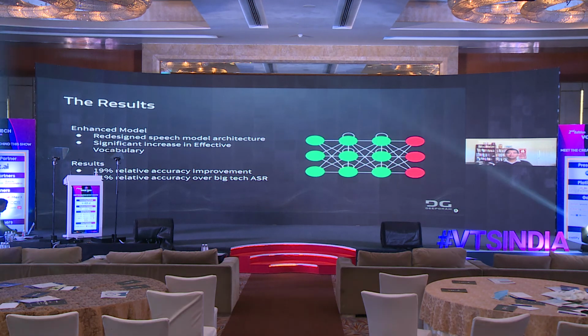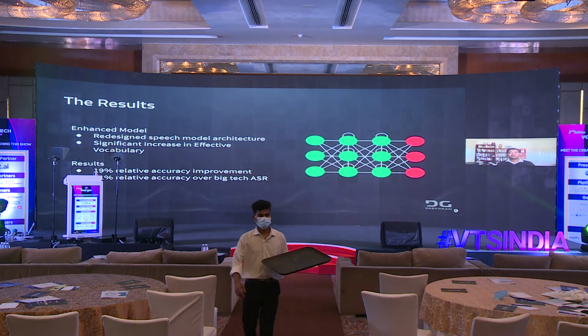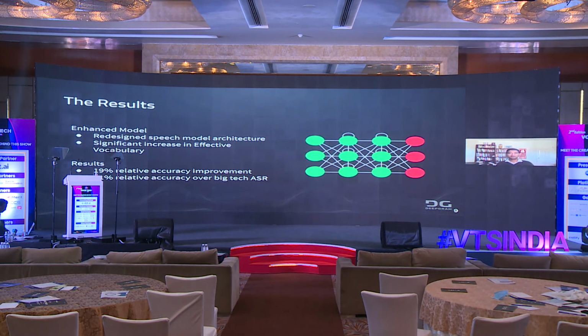Next, I would like to focus on the results you will benefit from the end-to-end learning and transfer learning. In the last 12 months, using end-to-end deep learning, we were able to redesign speech model architecture to create a significantly higher performing enhanced model. It also increased effective vocabulary. Together, this resulted in large improvements.